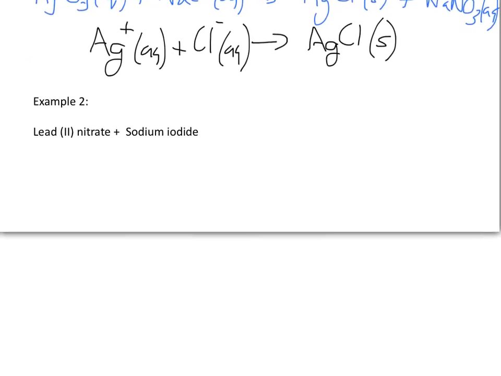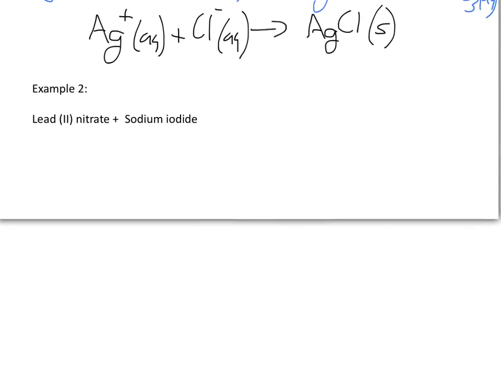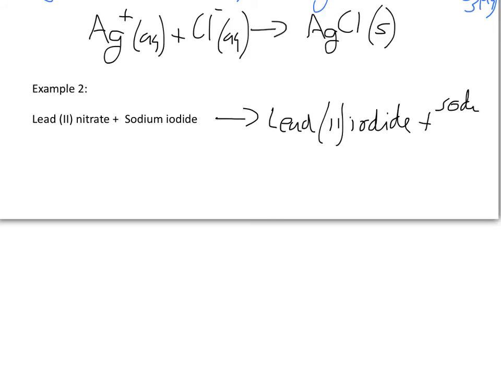Here we've got lead nitrate and sodium iodide. Slightly trickier example, but the ions again combine, so we get lead 2 iodide, which is a lovely yellow precipitate, and sodium nitrate again, which is soluble in water.